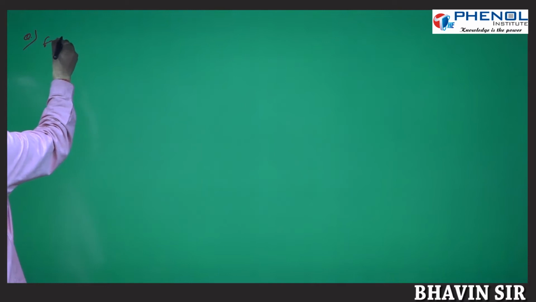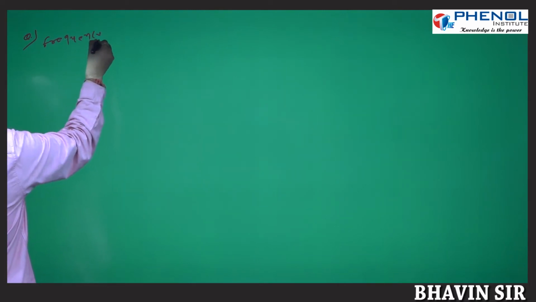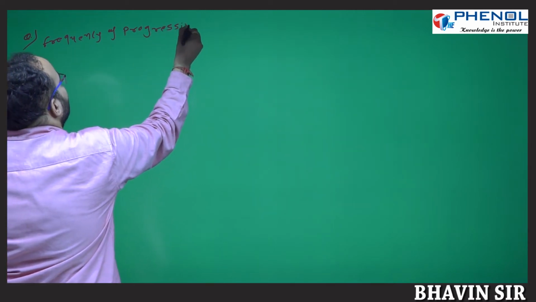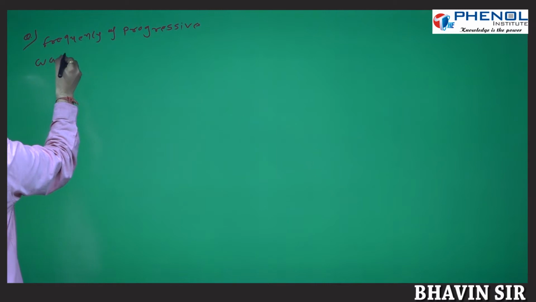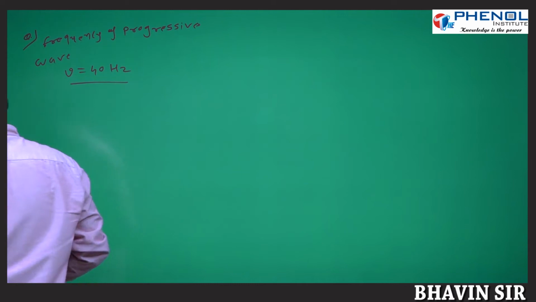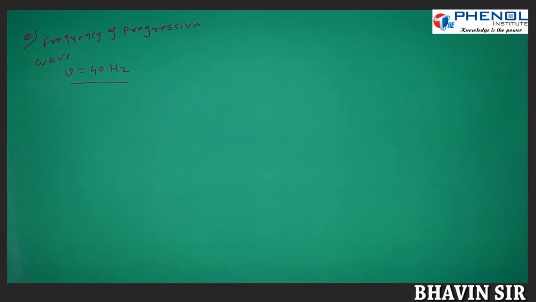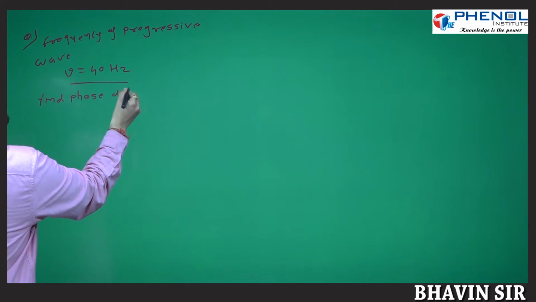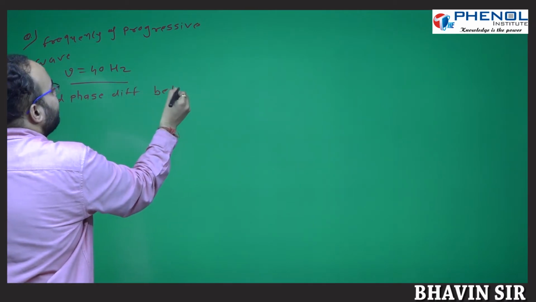Chalo, the frequency of progressive wave. Chalo, we want to find phase difference between 2 points.